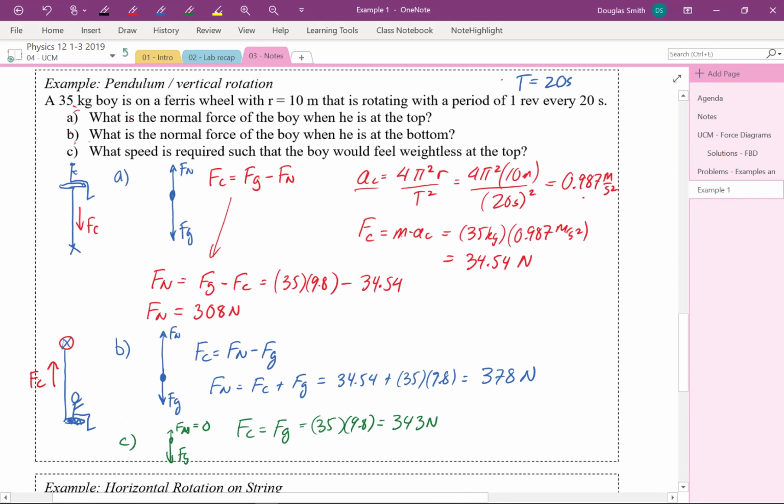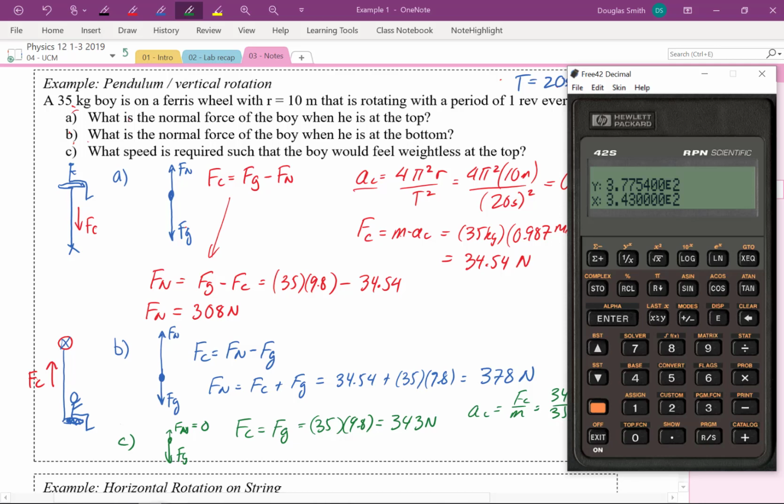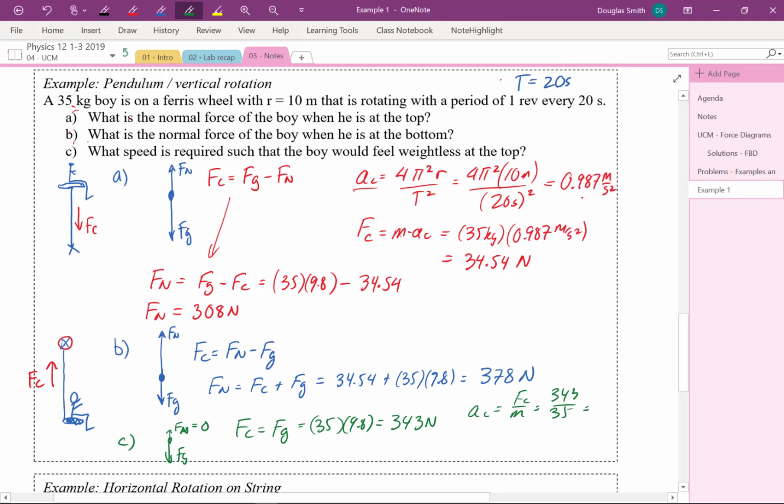So what's the acceleration? The acceleration for that would be Fc divided by mass. So that's 343 divided by 35. Oh, that's 9.8, yeah, of course. I didn't even need to calculate that. So you need an acceleration of 9.8.